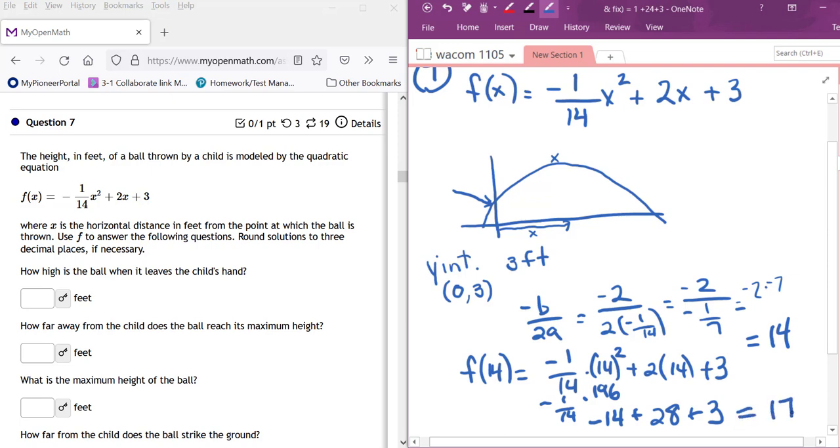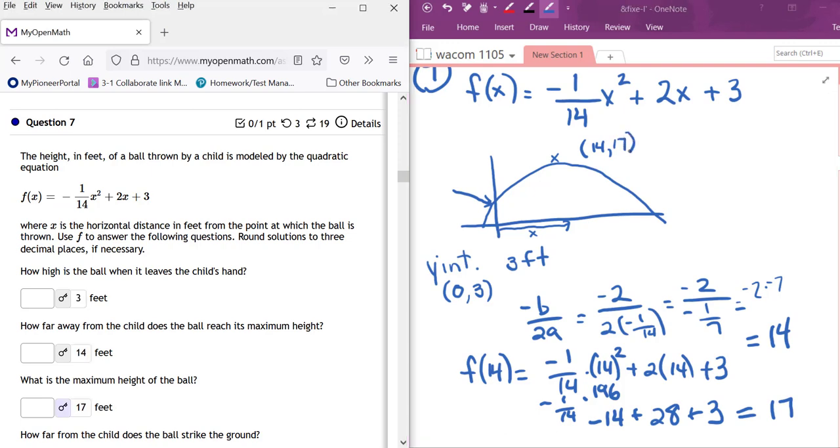So the maximum height will be 17. So this should be 14, 17. Let's just pull the calculator up for a minute.